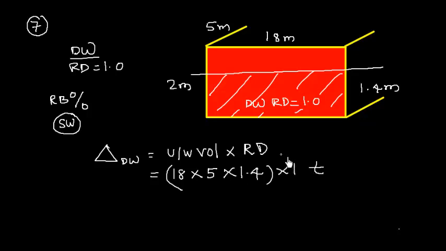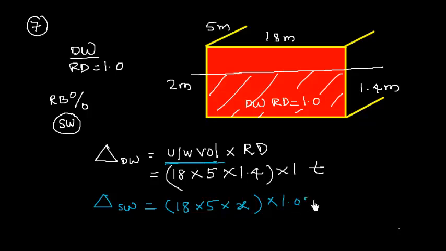Now if the same vessel goes to salt water, what happens? We can find the displacement in salt water, which is again underwater volume, and let me define this underwater volume as 18 into 5 into x, where x is the draft, into the salt water density, which is 1.025 ton.